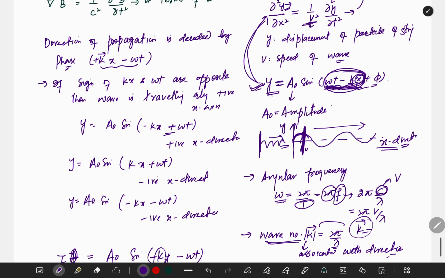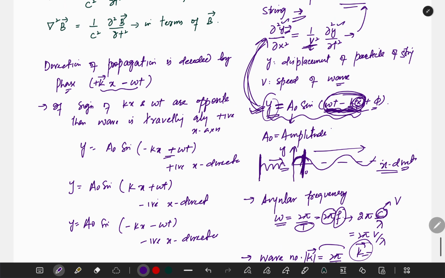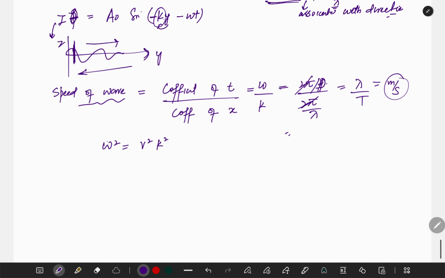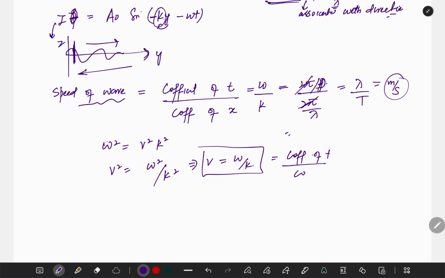Put y in the equation, compare, and you will get this. So v square is omega square by k square, which implies v is given by omega by k.